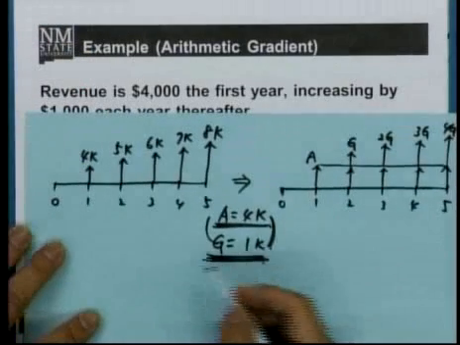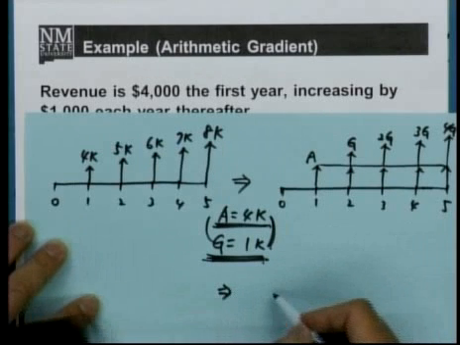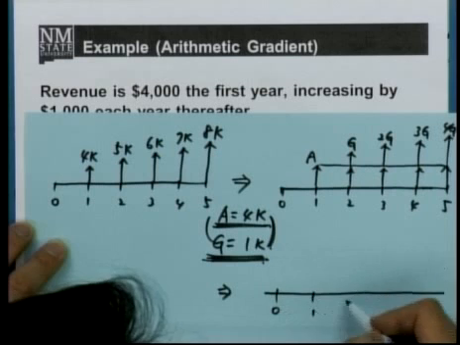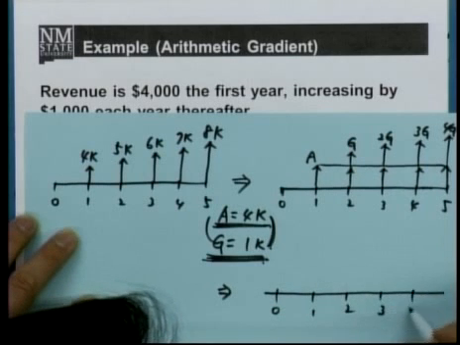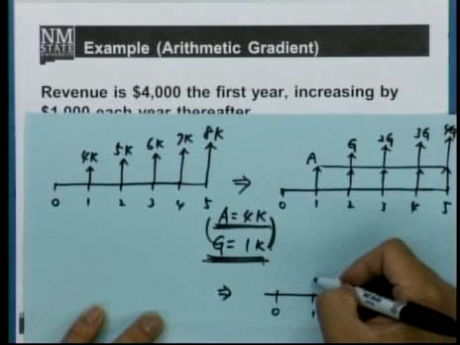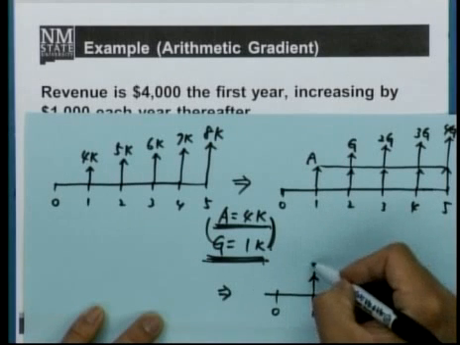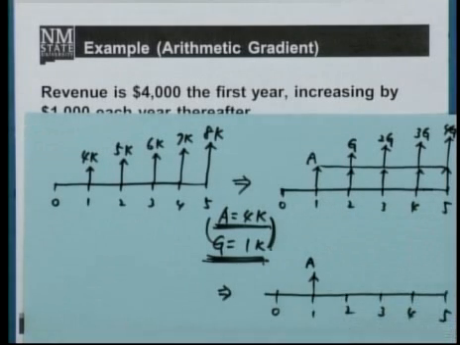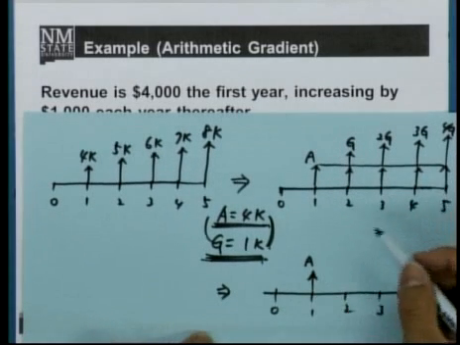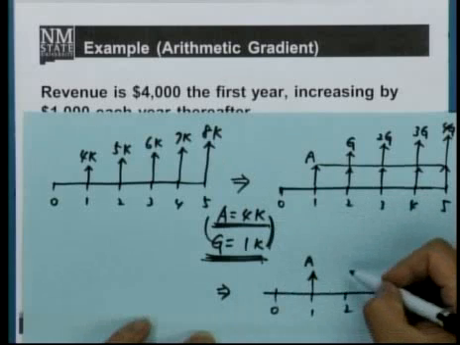So if I redraw this diagram, it's going to be 0, 1, 2, 3, 4, and 5. At the end of year 1, we have the uniform annual series amount, which is A, 4,000.